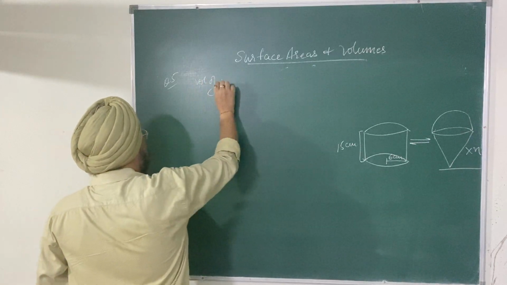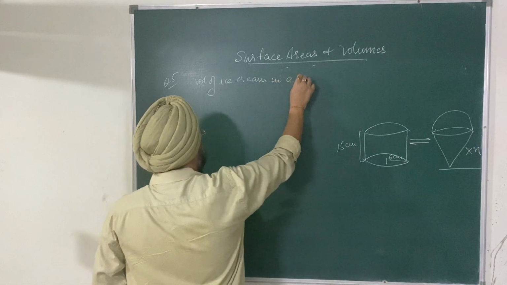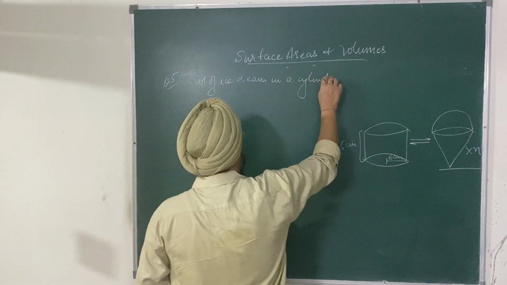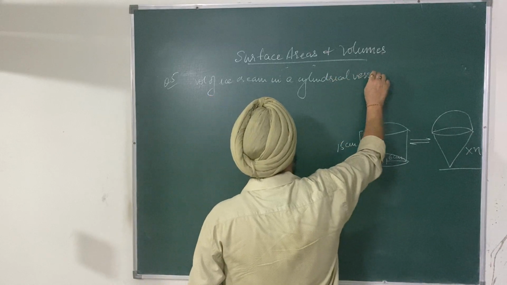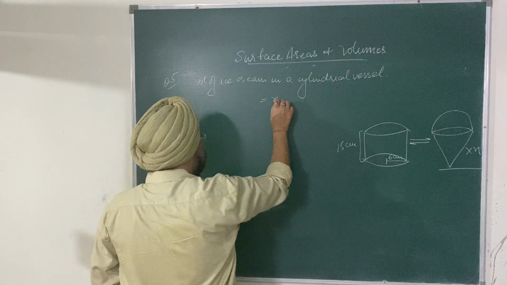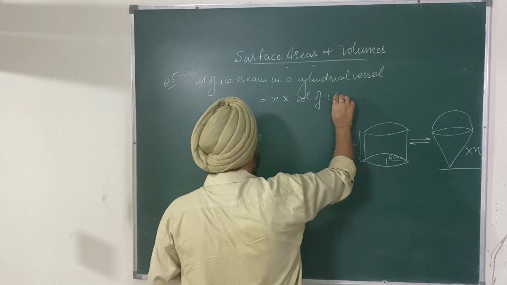So the volume of ice cream in a cylindrical vessel must be equal to n multiplied by the volume of one cone.